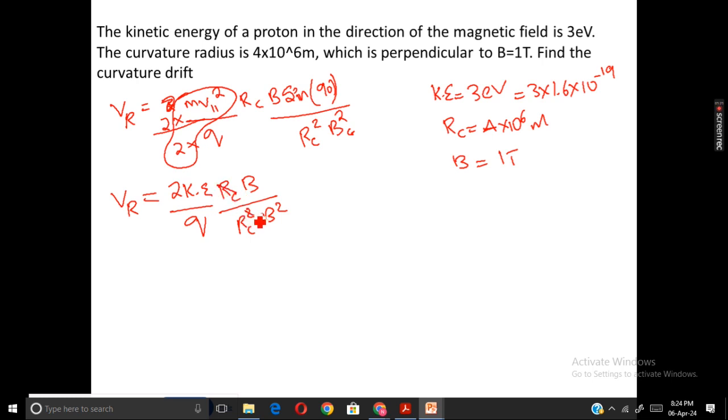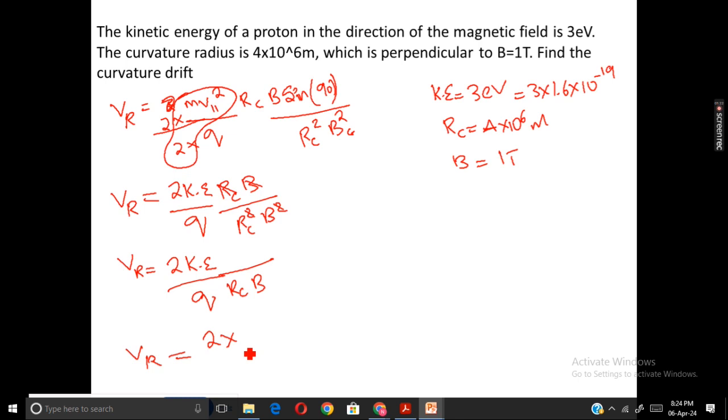So this will go, this will go. Finally, the drift velocity due to the curvature effect will reduce to 2 kinetic energy by q R_c B. Now we have the values for all terms.